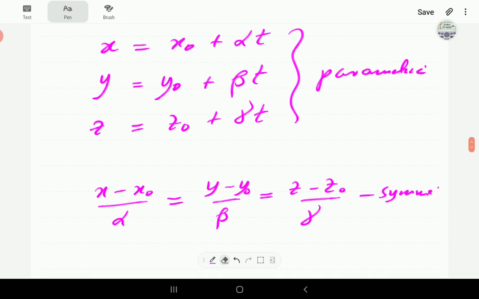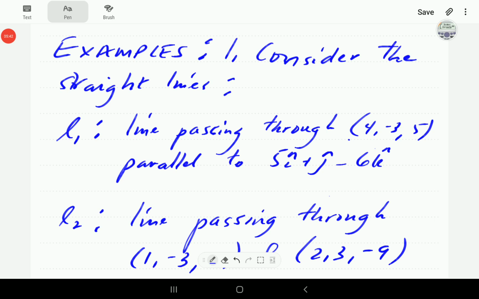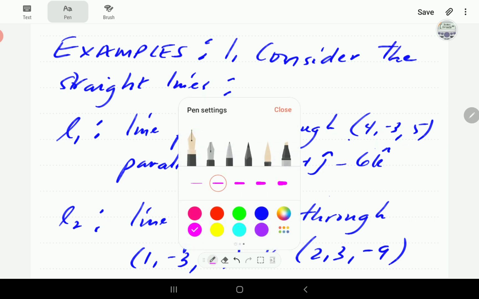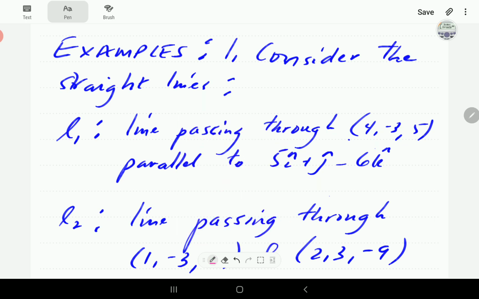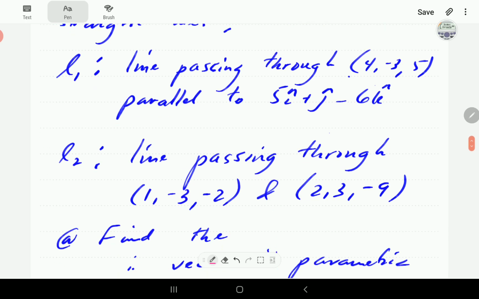Okay, so let's look at a few examples. In this example we have got two lines. We have got L1, which is a line that passes through the point (4, -3, 5), and it's parallel to the vector (5, 1, -6). L2 passes through the point (1, -3, -2) and is parallel to (2, 3, -9).